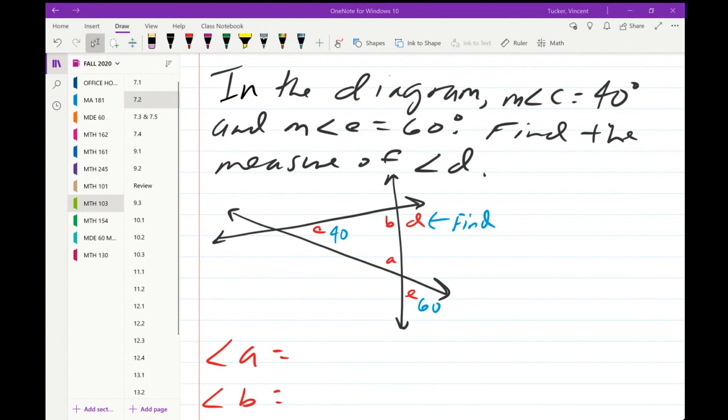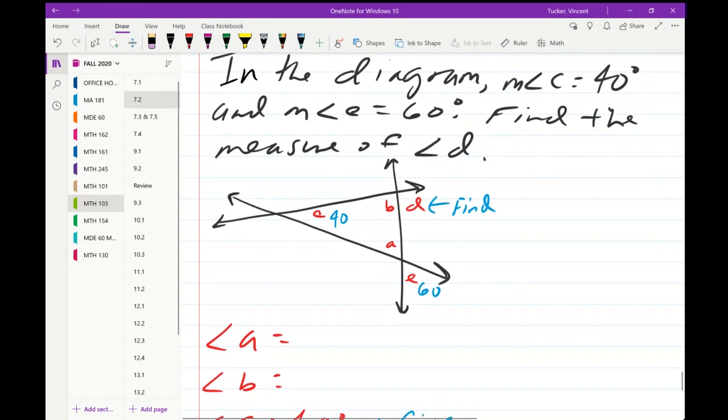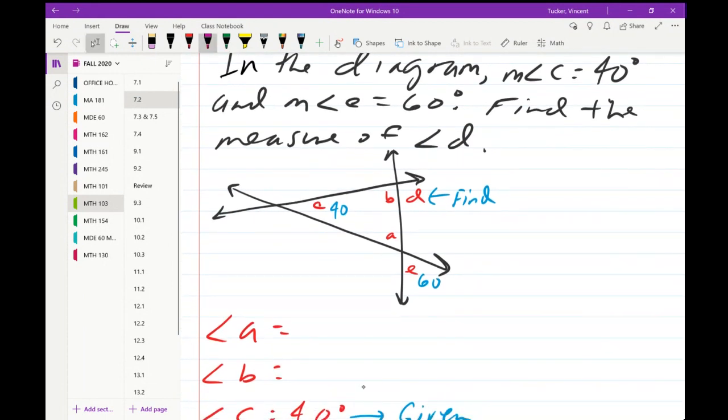Let's see. So we see that we have a triangle on the inside of here. We want to find the outside angle of D. In order for us to be able to do that, we need to know what B is, though.